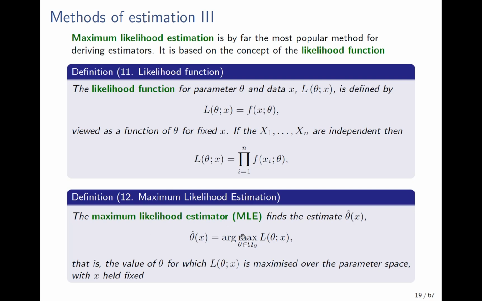So maximum likelihood estimation is simply the parameter point that maximizes the likelihood of obtaining the observed data, as measured by this likelihood function, as measured by this joint probability, essentially.